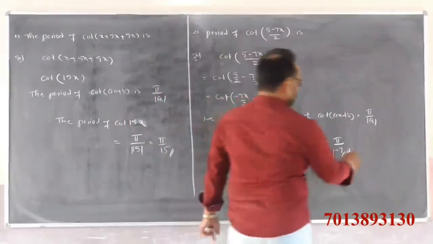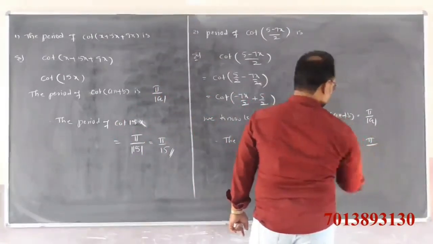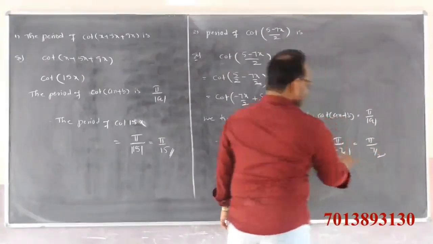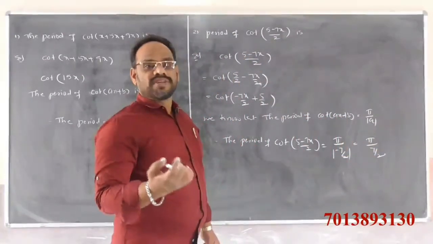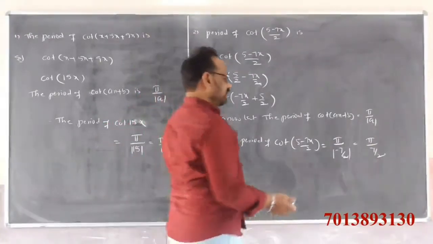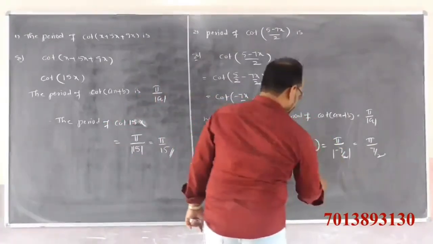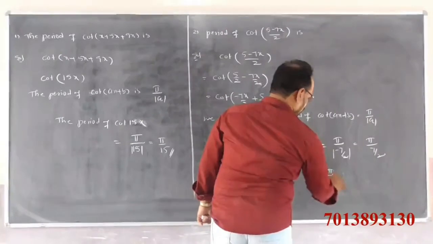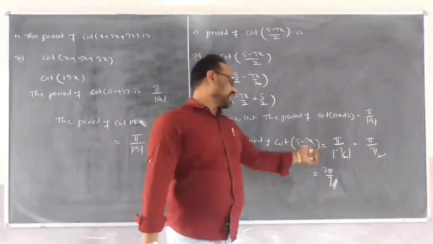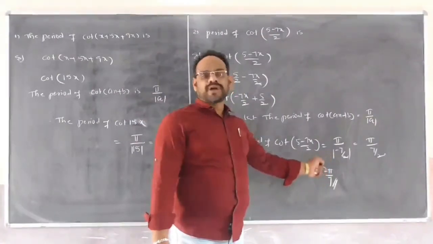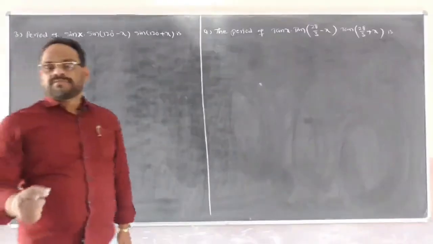Modulus of minus 7 by 2 means we get plus 7 by 2, since modulus always gives a positive quantity. Writing the reciprocal, we get 2 pi by 7. Therefore, the period is 2 pi by 7.